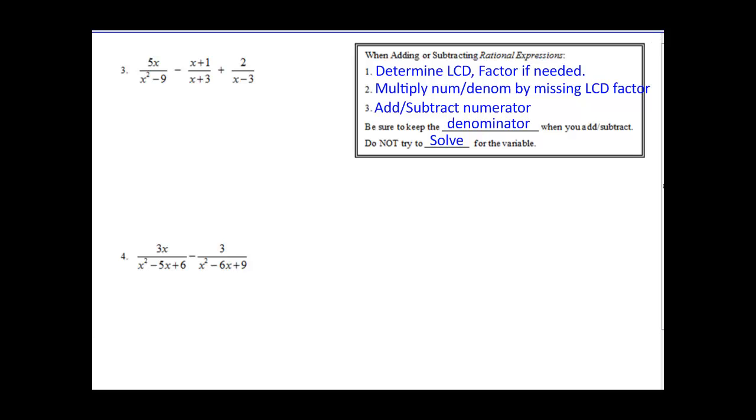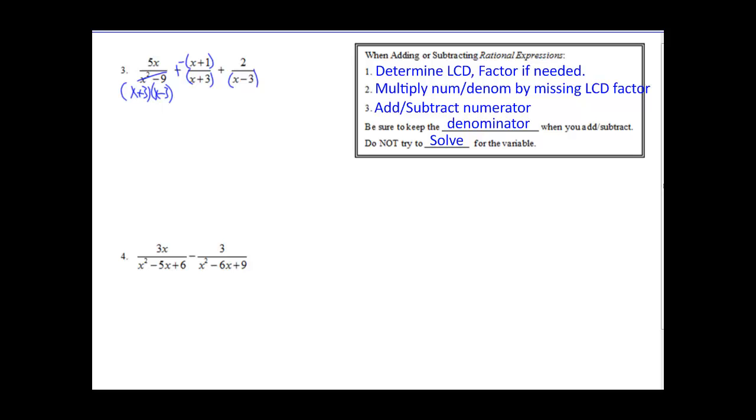All right, number 3. I'm going to cross out the bottom for a minute. We have x plus 3 times x minus 3, x plus 3, and x minus 3. One mental note: if I notice the minus right between the first and the second term, I'm going to change the minus to a plus, put parentheses around the x plus 1, and then put a minus on the outside.